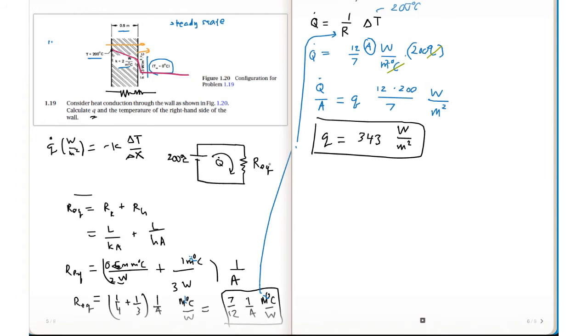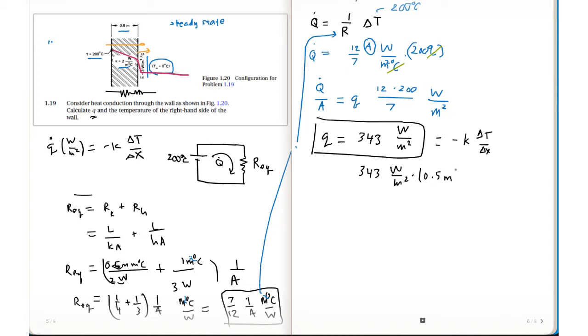So we can use this q and say it's equal to negative K delta T over delta X. Let's solve for delta T. So 343 watts per meter squared times the delta X, which is just the thickness of this layer, 0.5 meter.